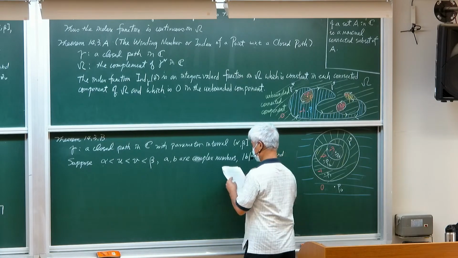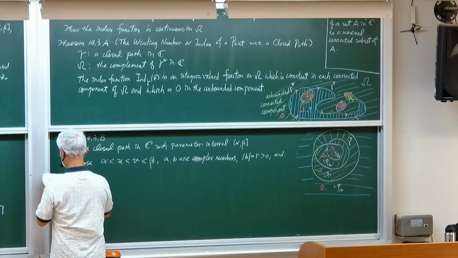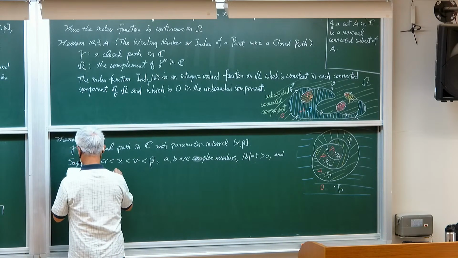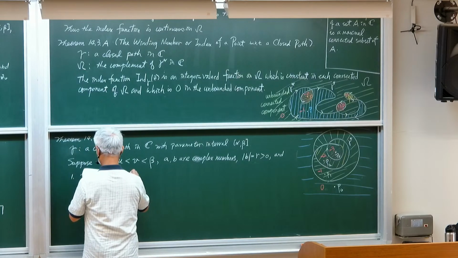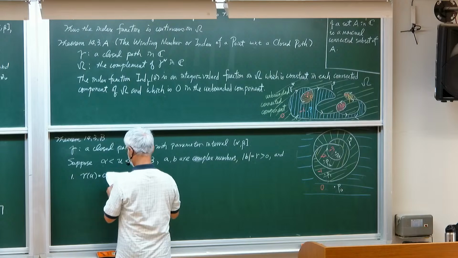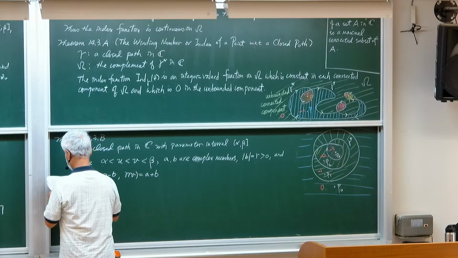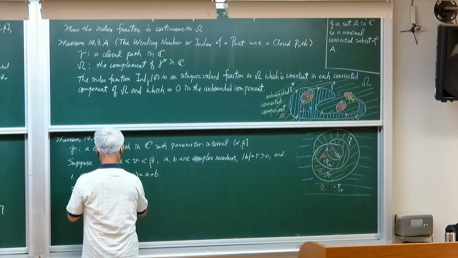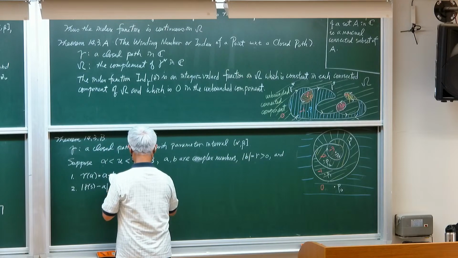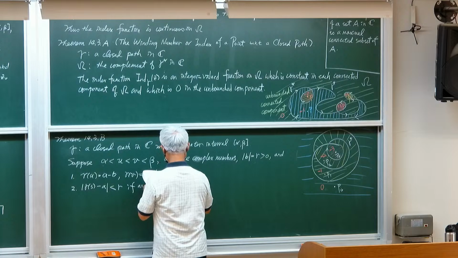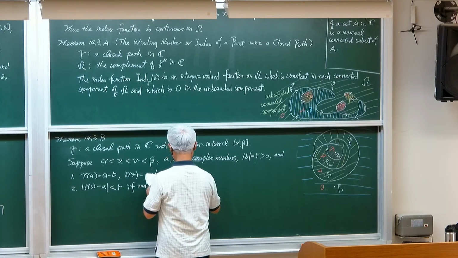First, gamma(u) equals a minus r, and gamma(v) equals a plus r. Second, the absolute value of gamma(s) minus a is less than r if and only if s is in between u and v.